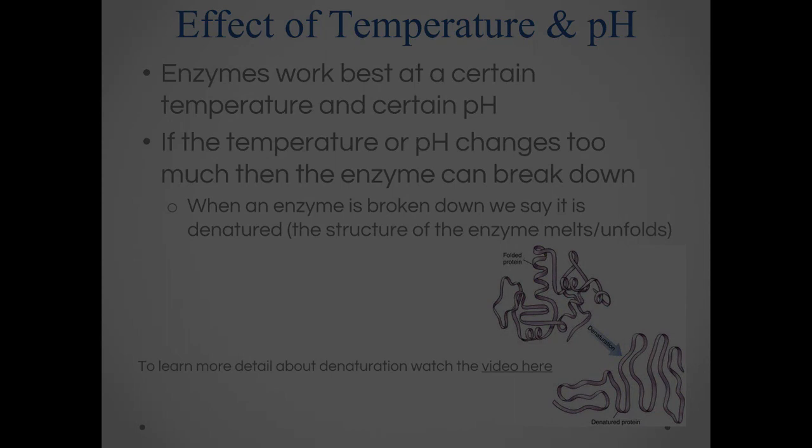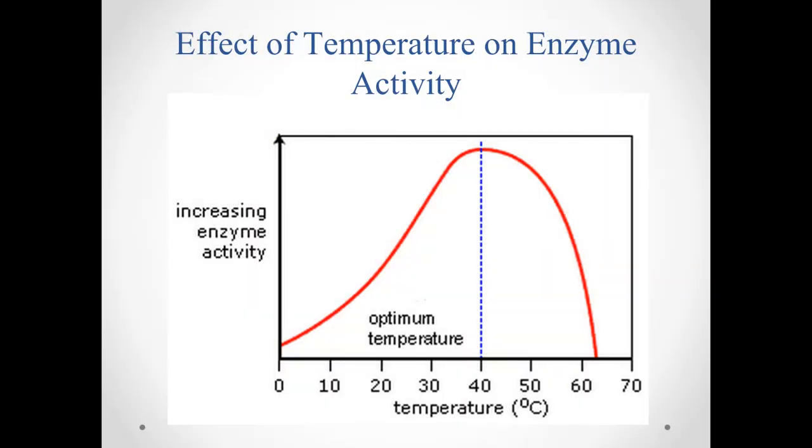Now we have here just a quick graph of what I'm talking about, and we see that there's an increase in enzyme activity going up in the temperature range until we get to about 40 degrees Celsius. After that, we see a very sharp downturn, and it actually goes all the way to 0 in terms of the enzyme activity. That is because once that heat gets too high, or we could say the same thing really with pH, once the pH is too extreme, it does something to the protein called denaturation.